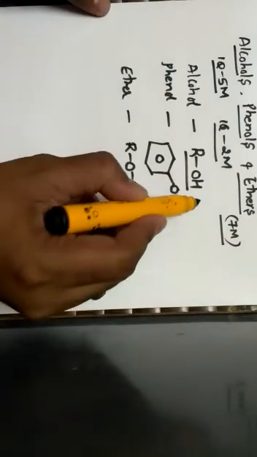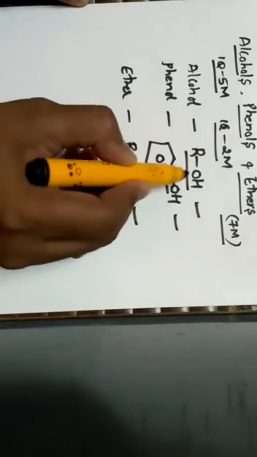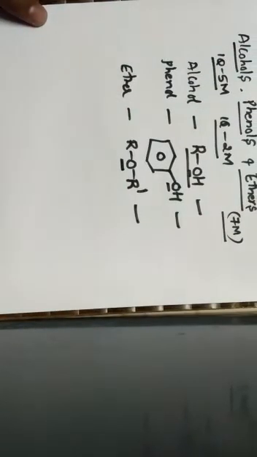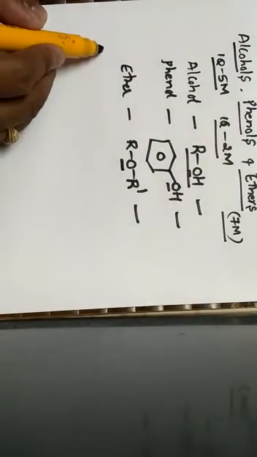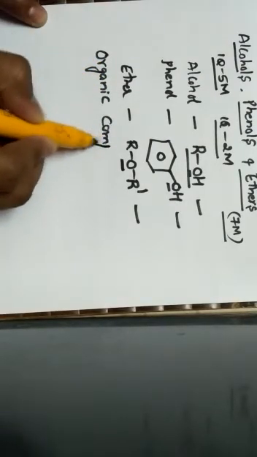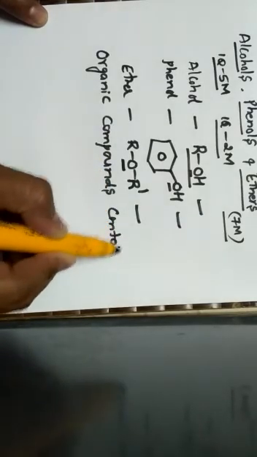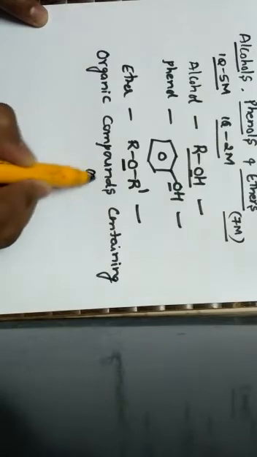When I go through all these three general representations, all contain oxygen as the common entity. Hence, this chapter, alcohols, phenols, and ethers, can also be called organic compounds containing oxygen, because oxygen is the common thing present in alcohol, phenol, and ether.